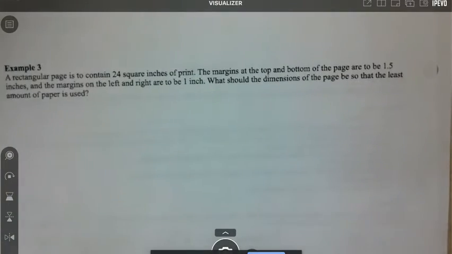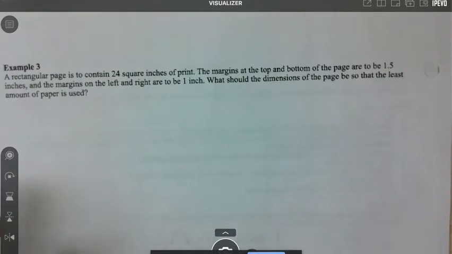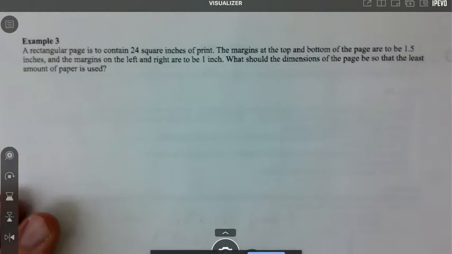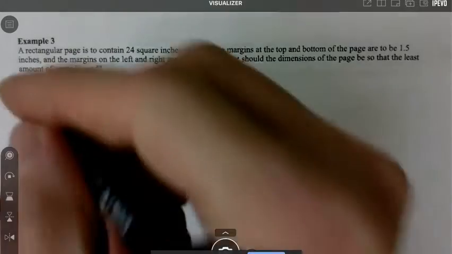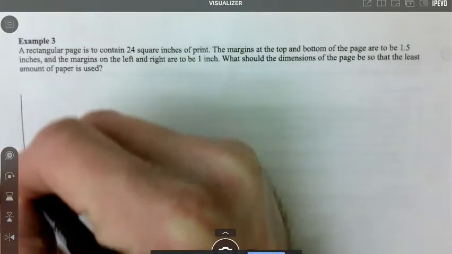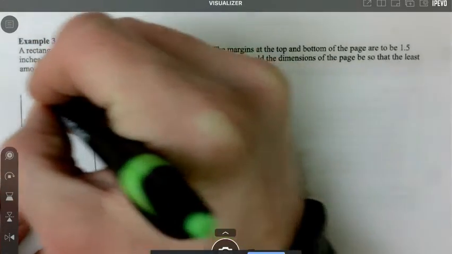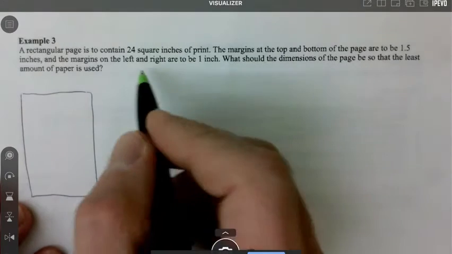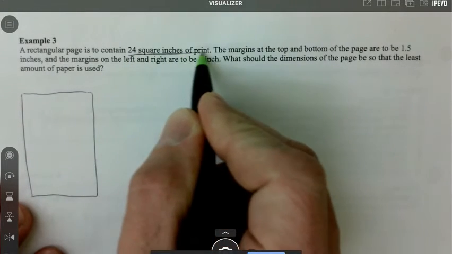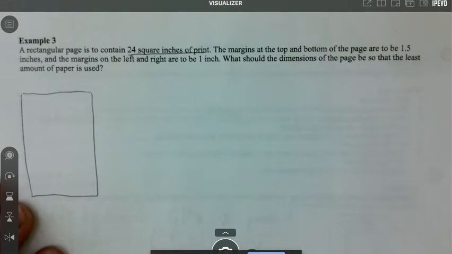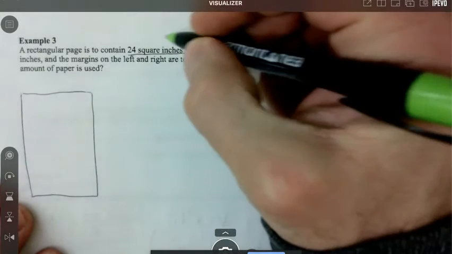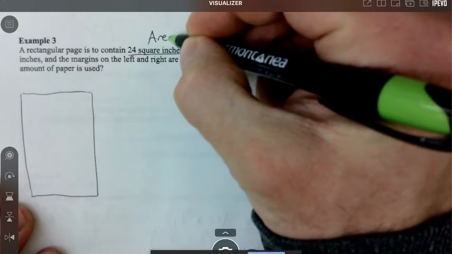Example 3, I just want to sketch a picture for, and then I'll have you do one similar. So here we've got a rectangular page. It's got 24 square inches of print. If I'm thinking about square inches, I know that's an area.